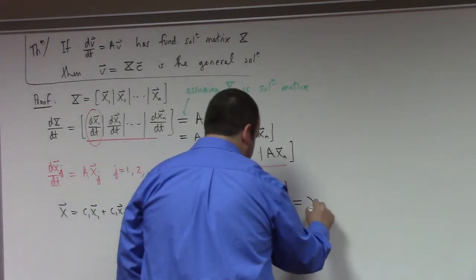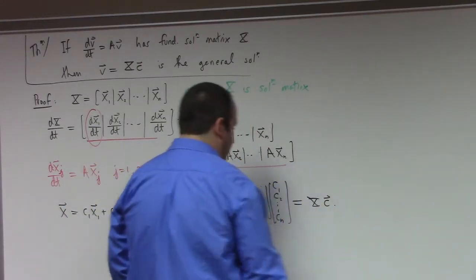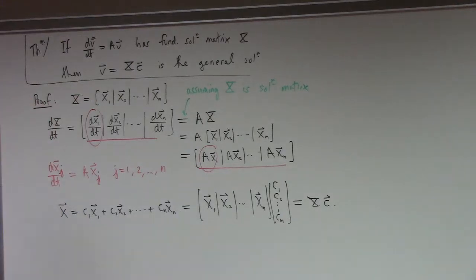In other words, this is x times c. So the linear combination of these solutions, x1 through xn, can also be written as the matrix with x1 through xn glued together times this column of constants.